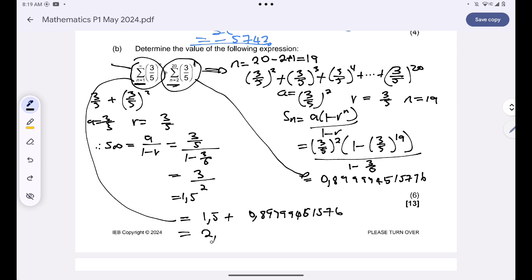I'll simply get 2.39994. I'll simply round off this answer, guys. It's 2.4. So whenever I add the two sigmas, the final answer will be 2.4.